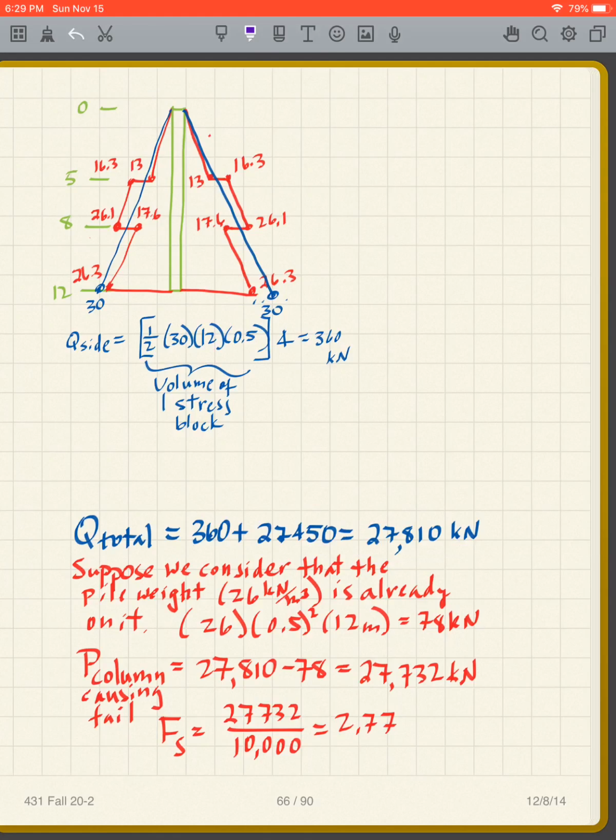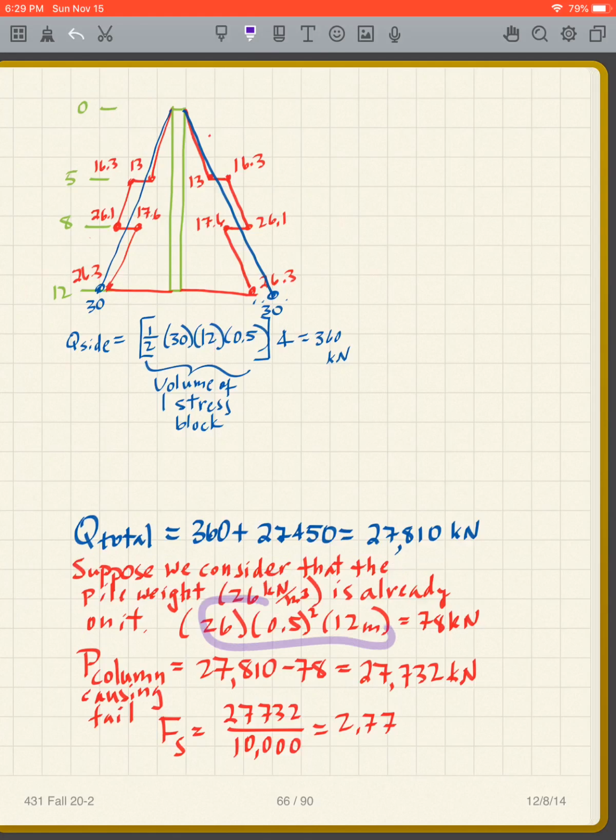Okay, so, in this particular case, let's just say we consider that the pile weight, concrete at 26 kilonewtons per cubic meter, is already on it. In other words, we have the pile in the ground. How much does the pile weigh?